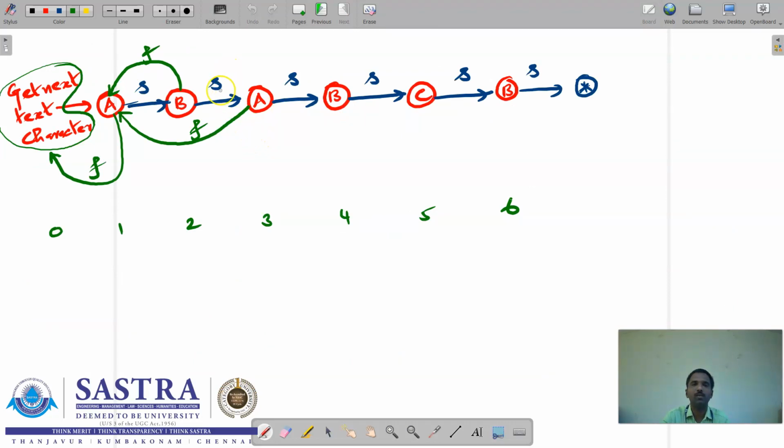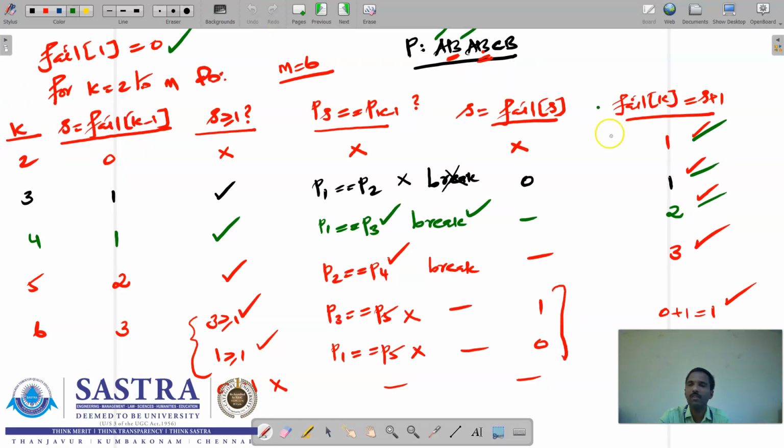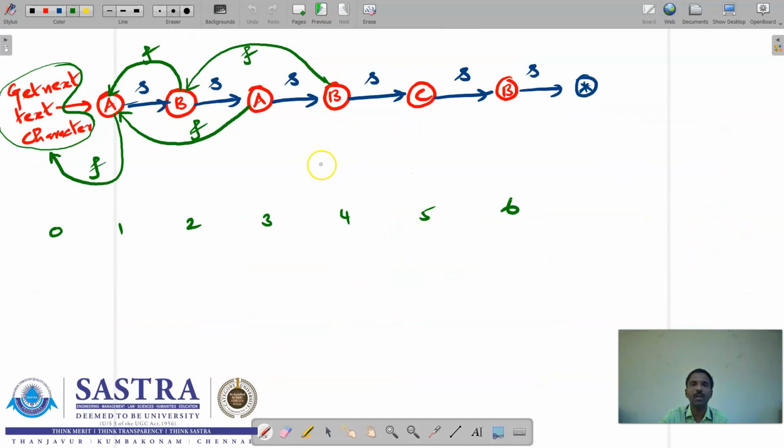Let's represent it without clash here. This is F. Fail of 4 is 2. Then fail of 5 is 3. Fail of 5, yes, this one. Fail of 5 is 3, right?